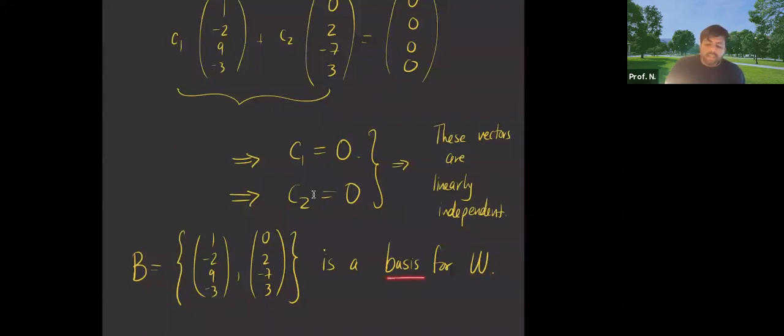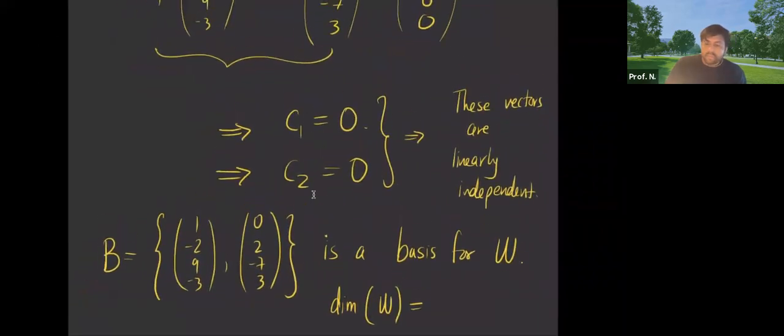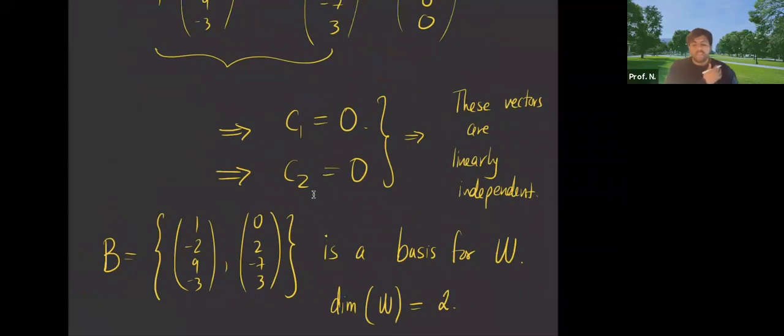And since it's a basis because it spans it and it's linearly independent, what's the last thing we say? The dimension of W would be what? What would be my dimension? 2. It would be 2. Why is it 2? Because I only have 2 vectors in my basis.